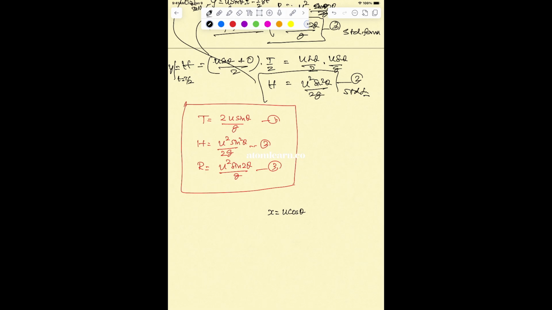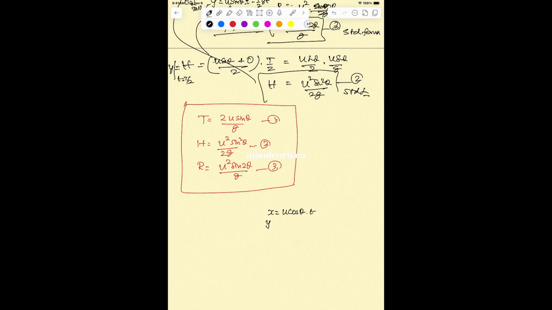As I repeat, u cos theta is the initial velocity vector in the horizontal direction, and u sin theta is the initial velocity in the vertical direction, whereas in the vertical direction it has a retardation g, and in the horizontal direction there is no retardation. The horizontal displacement x is given by the uniform velocity u cos theta into time t.